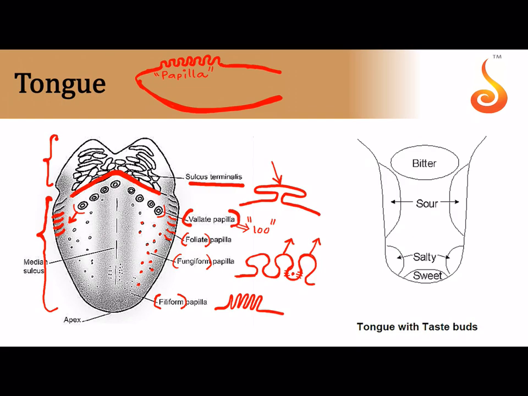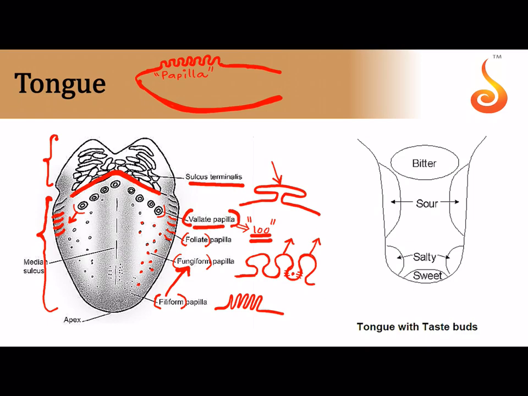The filiform papillae do not have any taste buds, but only have touch receptors, the tactile receptors, on them. Next to the filiform papillae, you have the fungiform papillae, which have a limited number of taste buds per papilla. But like I said, it is the circumvallate papillae which are least numerous, because there are only about 8 to 10 papillae, but they have the most taste buds, that is 100 taste buds per papilla.